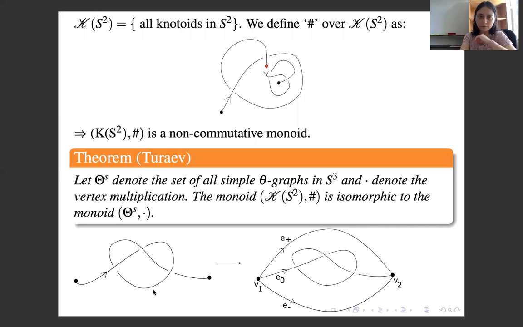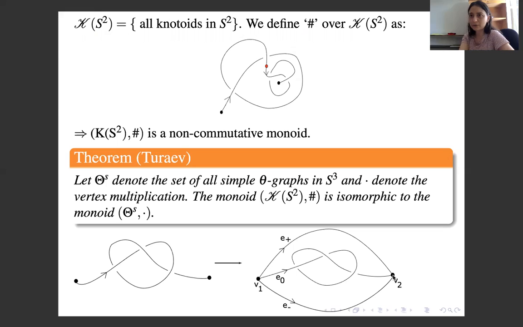And we relate the knotoid diagram to a simple theta graph by just tying the knotoid diagram to the middle edge of the simple theta graph. So here is just a very simple illustration for this knotoid diagram. We tie it to the e0 edge of the corresponding simple theta graph.